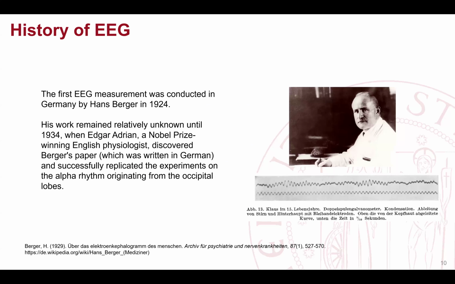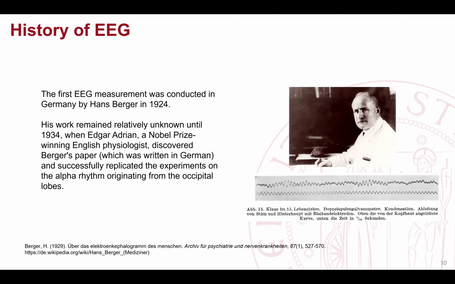The EEG has actually quite a long history. It was first measured in 1924 by Hans Berger, who was actually the first one recording EEG signals, but he was little known in history, particularly in the literature.